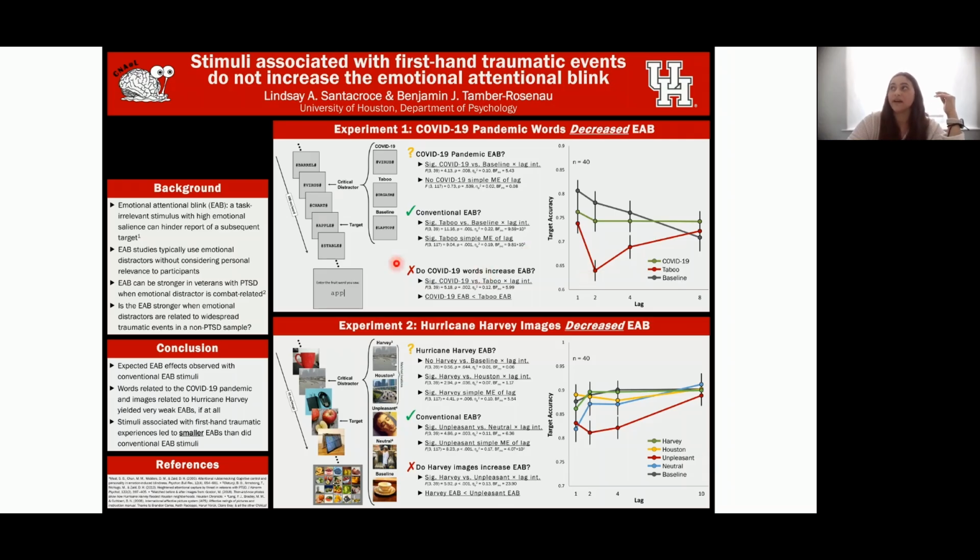So I would start with asking, are you familiar with the emotional attentional blink? Assuming they say yes, I move forward. Assuming they say no, I say, okay, well, in the emotional attentional blink, in a rapid presentation of flashing stimuli, a task-irrelevant stimulus that is very emotional is able to capture your attention, and you're unable to report a target that shortly follows the presentation of that emotional stimulus.